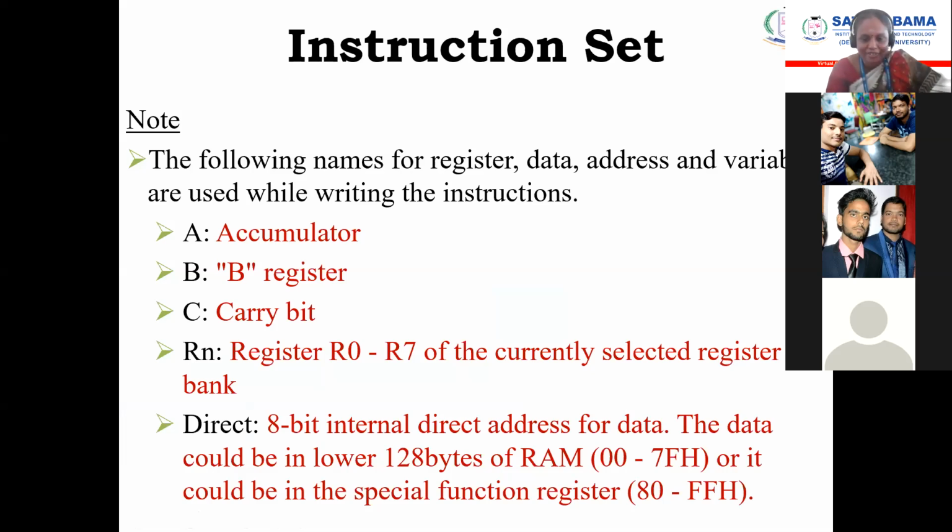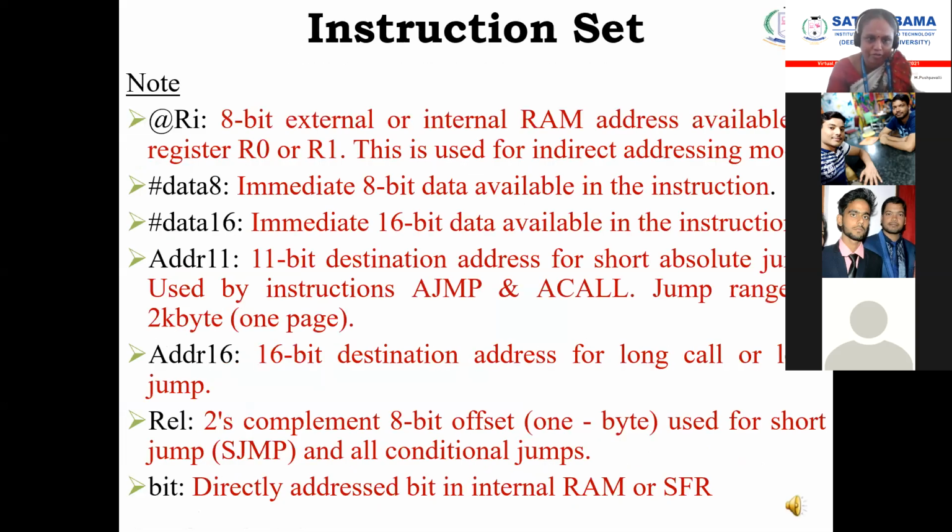So 00 to 7F is the lower 128 bytes, upper 128 bytes is 80 to FF. @Ri, I told you, will specify the internal RAM address at R0 or at R1. Hash means what? Immediate data. With hash, I can use 8-bit data or I can use 16-bit. And addr11, I will explain, if I want to use an 11-bit destination address.